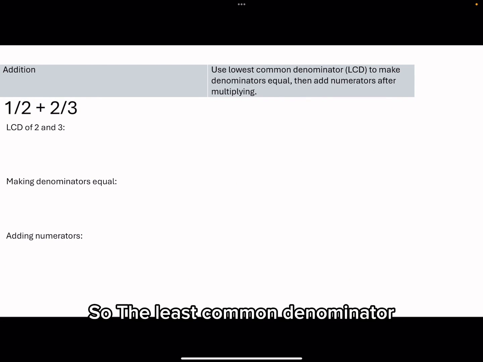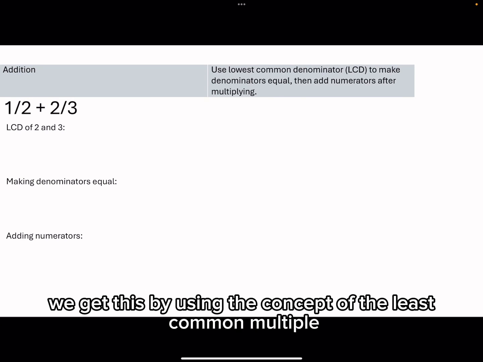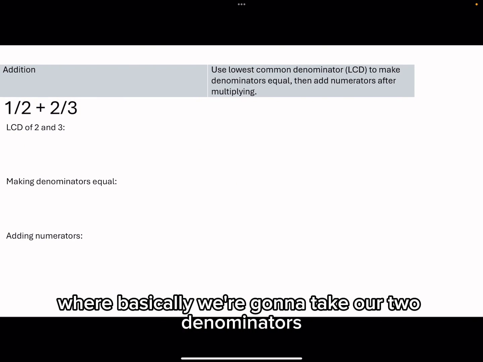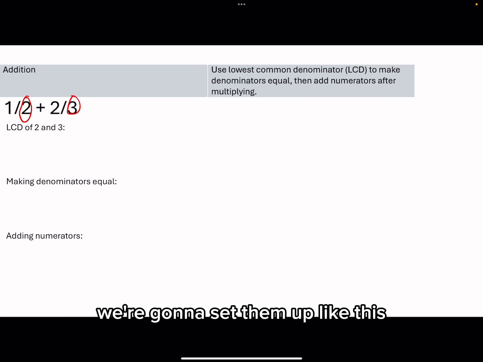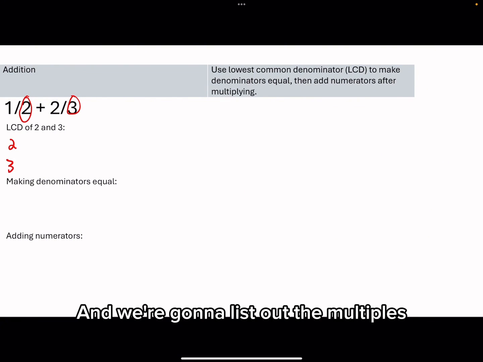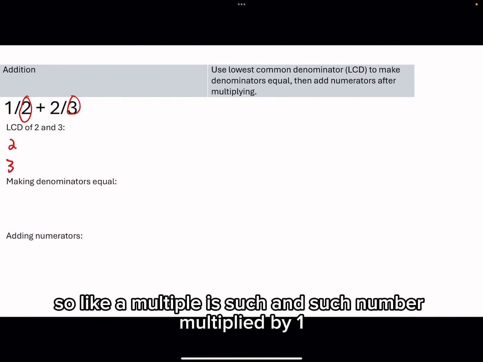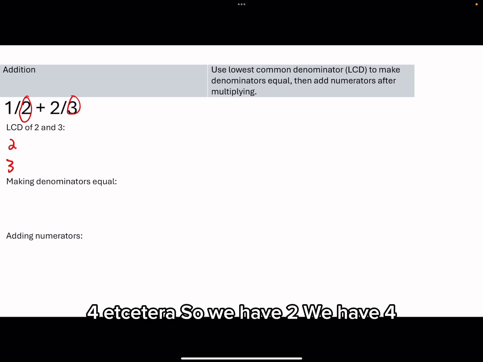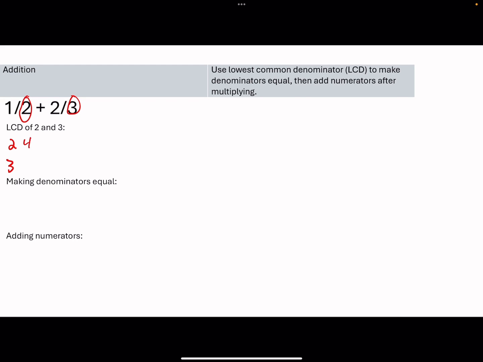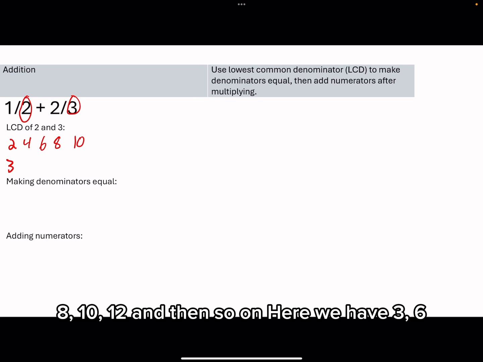The least common denominator, we get this by using the concept of the least common multiple, where we take our two denominators, set them up like this, and list out the multiples. A multiple is such and such number multiplied by 1, 2, 3, 4, etc. So we have 2, 4, 6, 8, 10, 12, and so on.